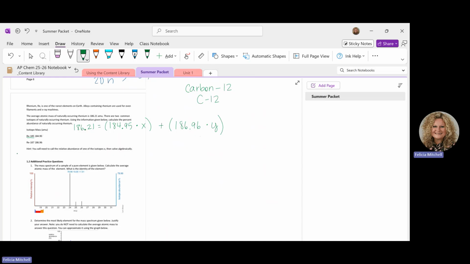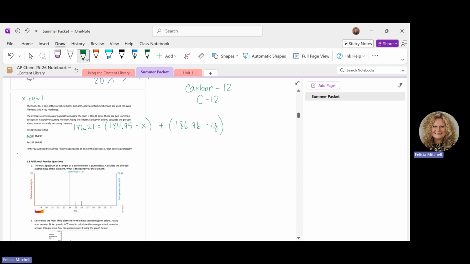Why? Okay, when you do a system of equations, what you're saying is that x plus y could equal 1, like a whole thing. And we know that we can say x and y equaling 1 for these two variables, because whatever the percent abundances are, they would equal 100 or like 1.